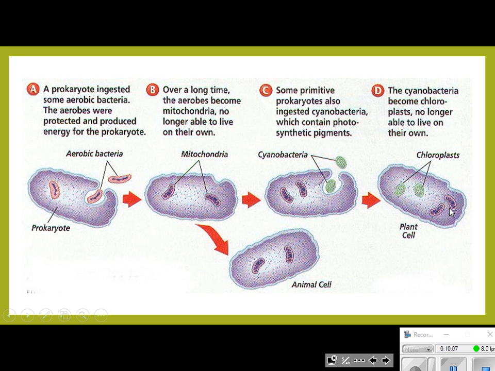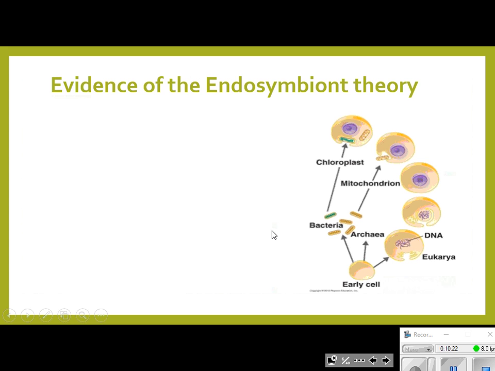It has mitochondria and chloroplast both inside of that type of a cell. So what is thought is that different prokaryotes started living inside of other prokaryotes.